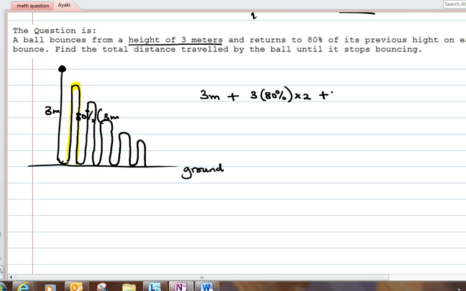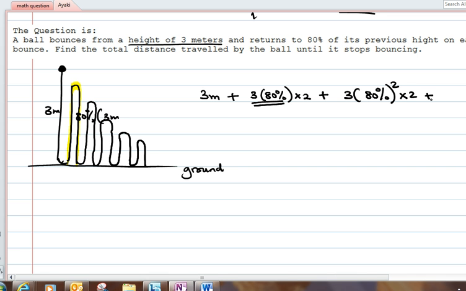And then it rebounds now again to 80% of that distance, or 3 times 80% squared. And that again is twice, because the ball hits the ground and comes back up, and this continues.